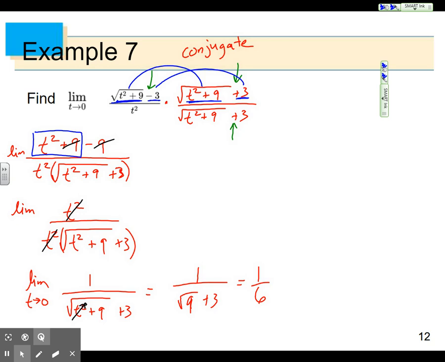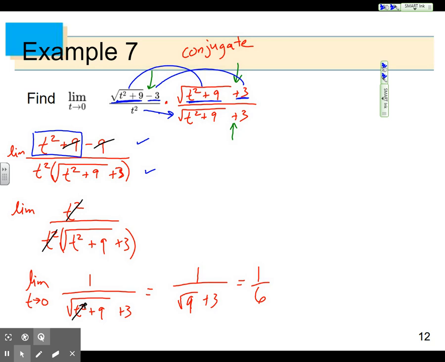And whatever I do on top, I got to do on bottom. So I'm going to have to take t squared times this quantity. That made it so that my 9's cleaned up nicely on top right here. And here's my biggest thing I can tell you. When it comes to cleaning up the bottom of a limit of a rational function, don't do it. Just say no. Even if all your friends are doing it, you don't need to do it. There's no reason to do it. Just say no. Here's why.